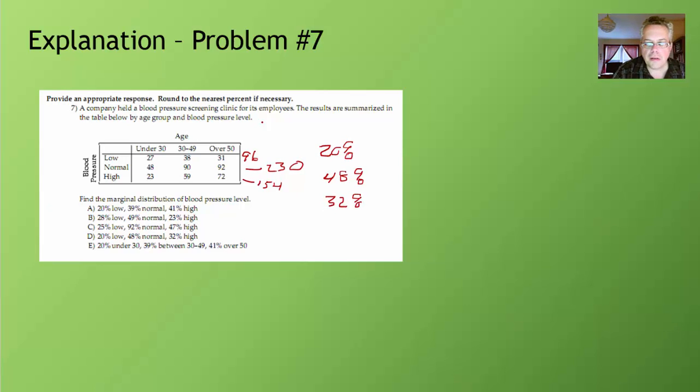So again, it was about blood pressure, so we got to think, what are the categories? Low, normal, high. We know that a marginal distribution is looking for the totals, so we had to find the totals. All right, so this is the frequency distribution, and this is the relative frequency distribution. And if you answered D, you were very wise.